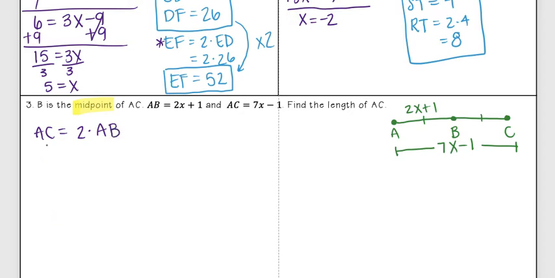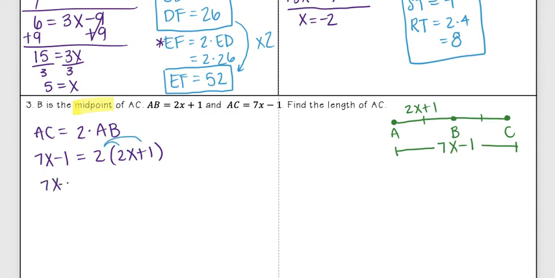And then now I'm going to plug in my values for AC and AB. Well, AC was 7x minus 1. And then here I have to put parentheses because I'm multiplying this whole expression by 2. And AB was 2x plus 1. And then here I'm just going to solve. So first I want to distribute.